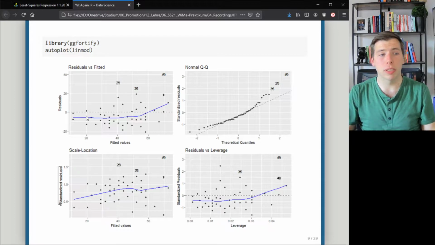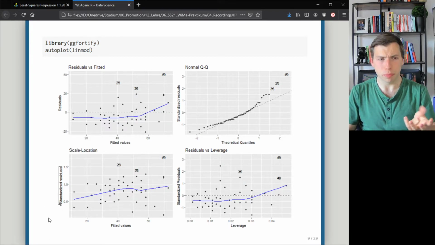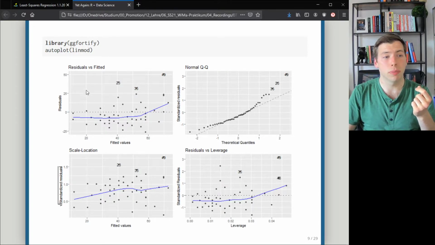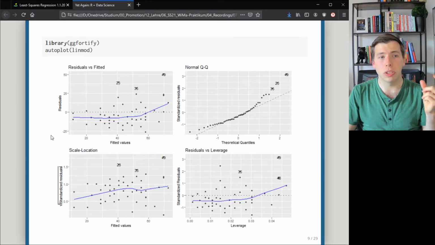A similar plot is the scale location plot down here, which is basically the same. It just looks at the square root of the standardized residuals. We will talk about what these are in a second, but the point is that the residuals here use the unit of the response variable. In this case it should be feet, I think.